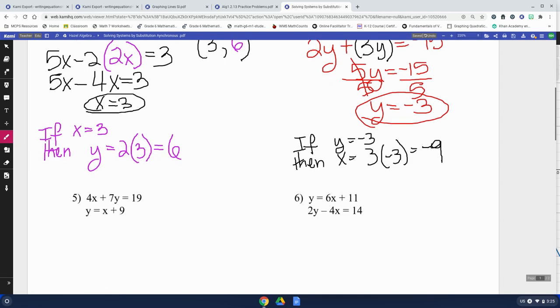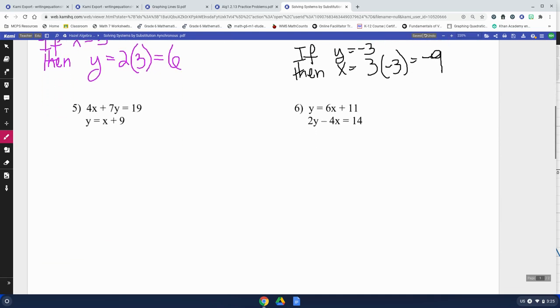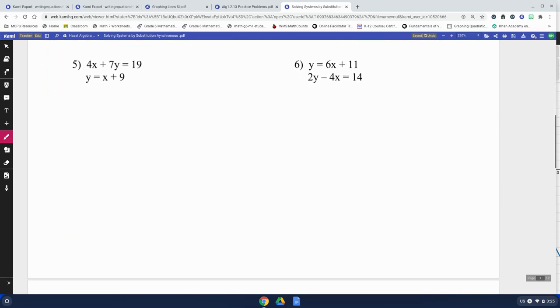All right, so number 5. Same idea. If you're going to use substitution, you need to at first isolate a variable, and that was very helpful. One of them is already isolated. The y is isolated. So because of that, we are going to substitute y into that equation.